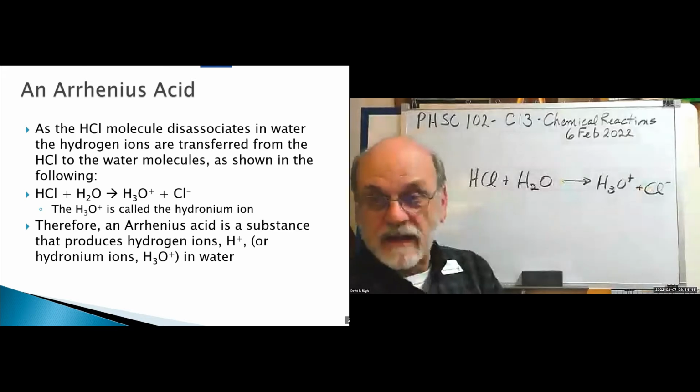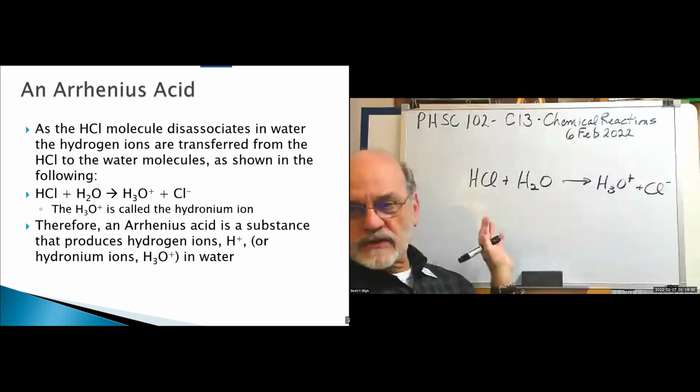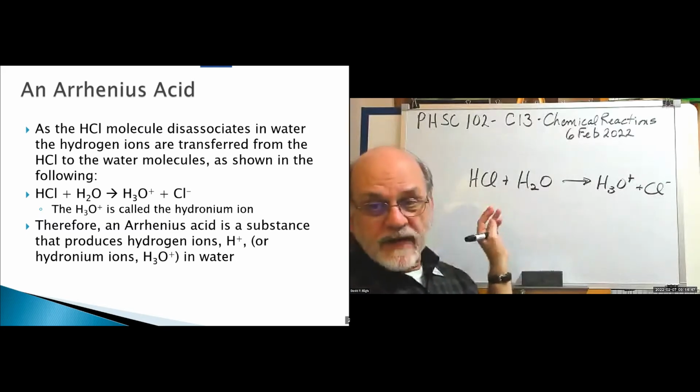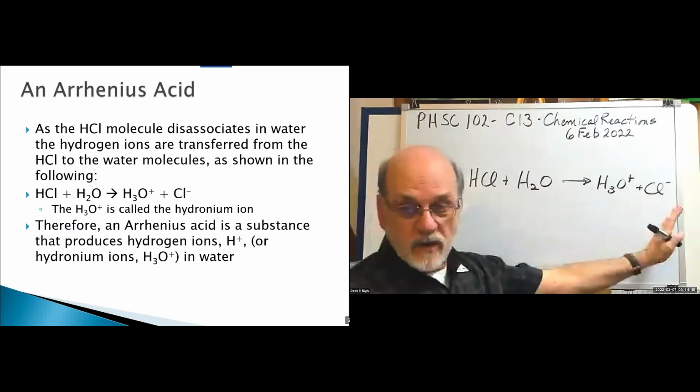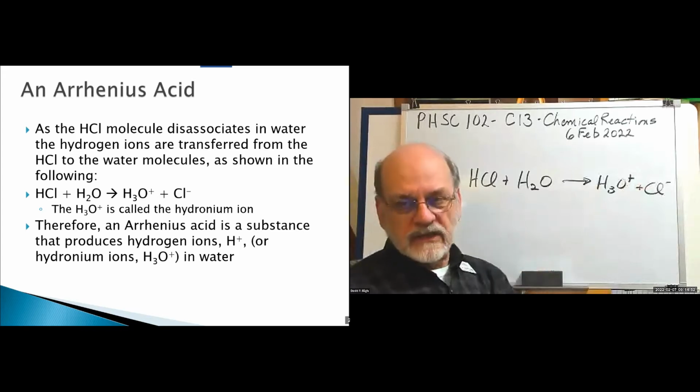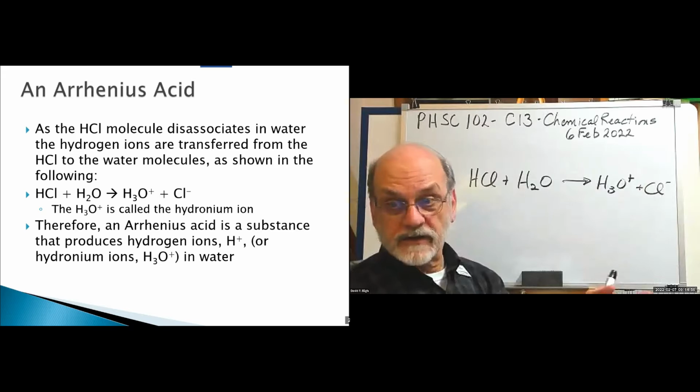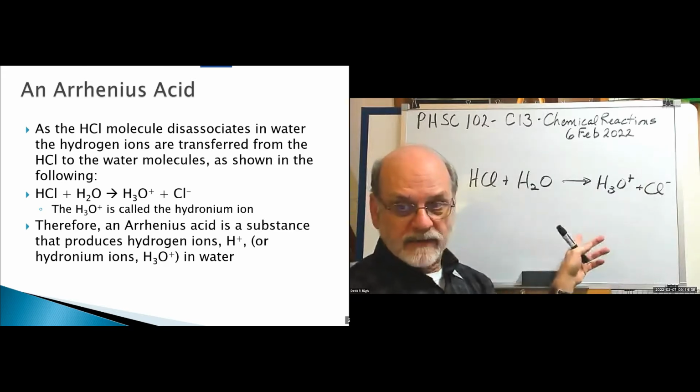Okay. Sometimes we write the dissociation of hydrogen chloride in aqueous solution, simplified version, as producing hydrogen ions and chloride ions. That's for convenience. Physically speaking, that's not what happens. I should say chemically speaking, that's not what happens.